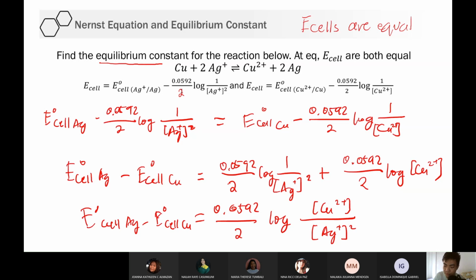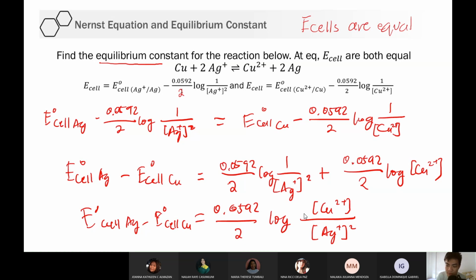So yan. Ginawa natin, binaliktad natin yung Q dito sa right side so that yung sign nila would be the same. Pag same na yung sign nila, then I can combine the log na. So, itong numerator na ito, lalagay ko lang dito. Pagsasamahin ko na sila. Okay. So, always take note that the sign should be the same when combining them.